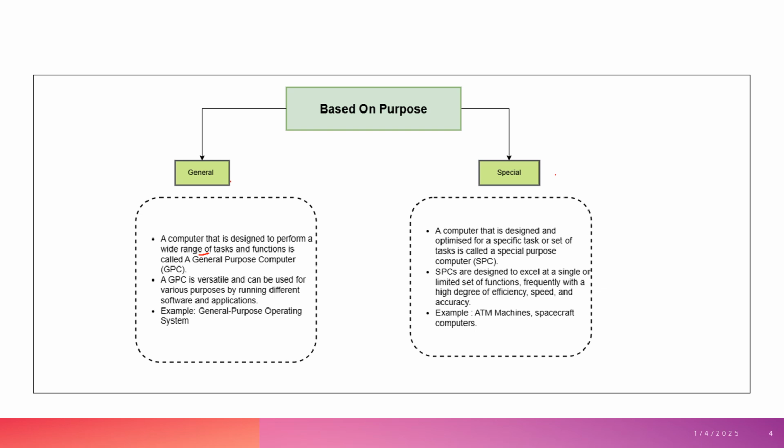On the other hand, a special purpose computer is designed and optimized for a specific task or set of tasks. It is designed to excel at a limited set of functions so that it has a high degree of efficiency, speed and accuracy. For example, ATM machines are designed to perform only their intended function, and so are spacecraft computers.